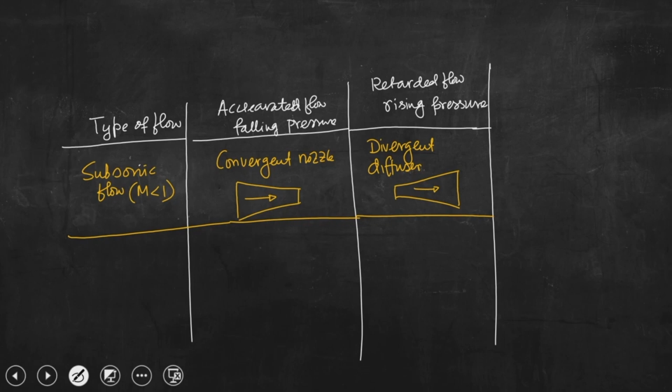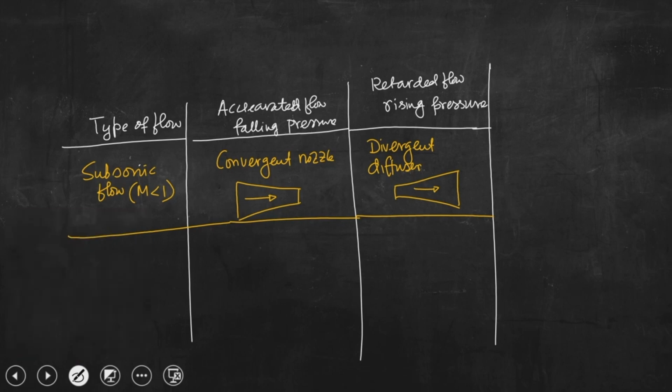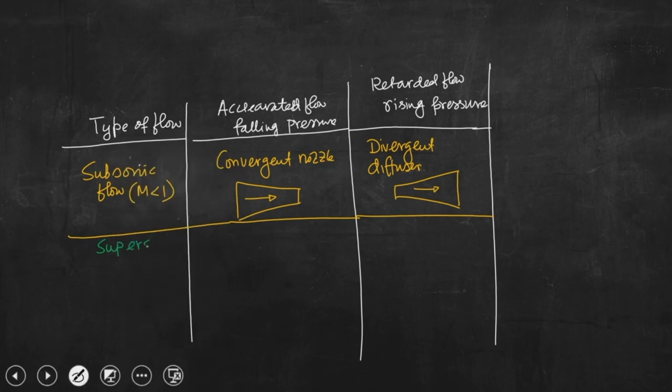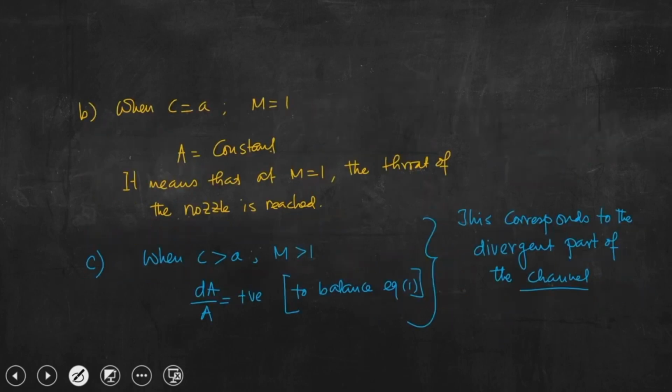Now, if the flow is supersonic, that is m greater than 1. If m greater than 1, we have seen from case 1, that is the divergent part of the channel, divergent part of the nozzle, right.